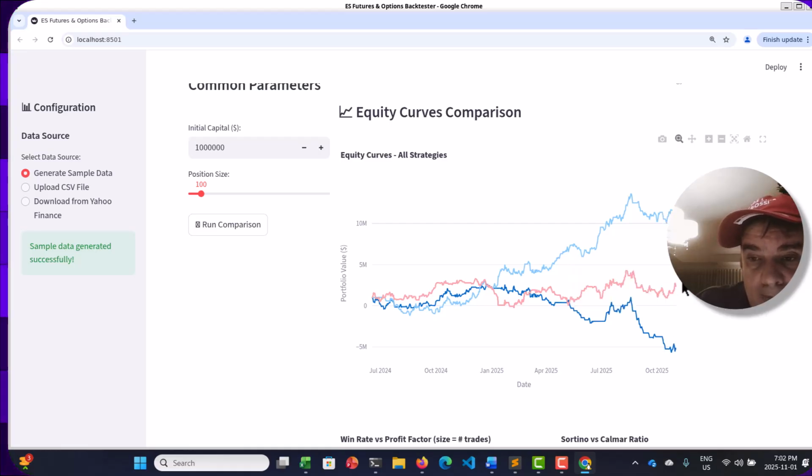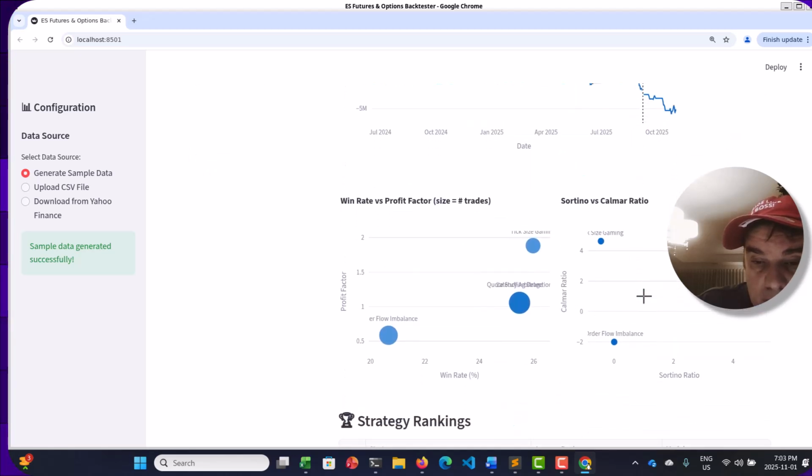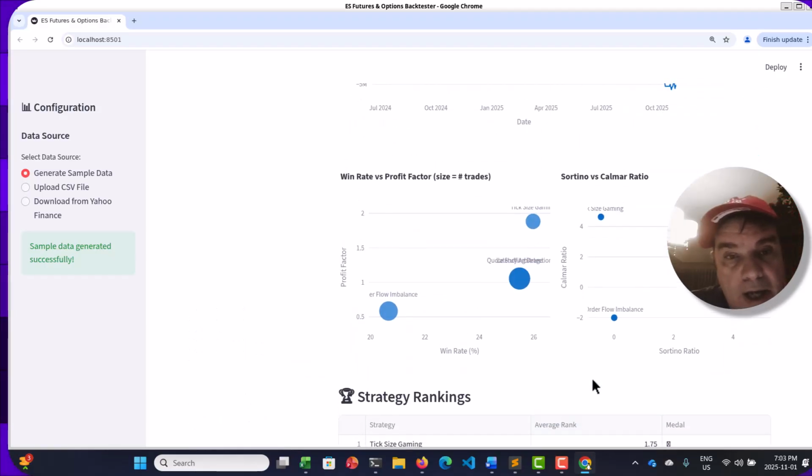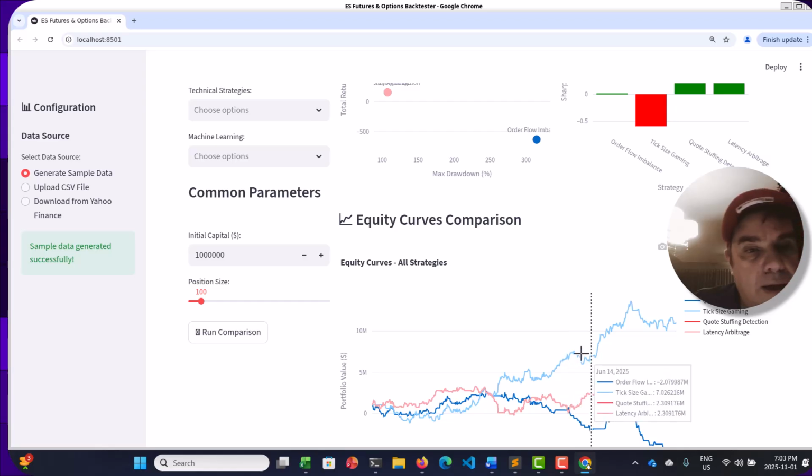Obviously, quote stuffing is not going to work. The tick size gaming, quote stuffing and order flow. We have a latency arbitrage here as well. So you really have to know your volatility and all that.